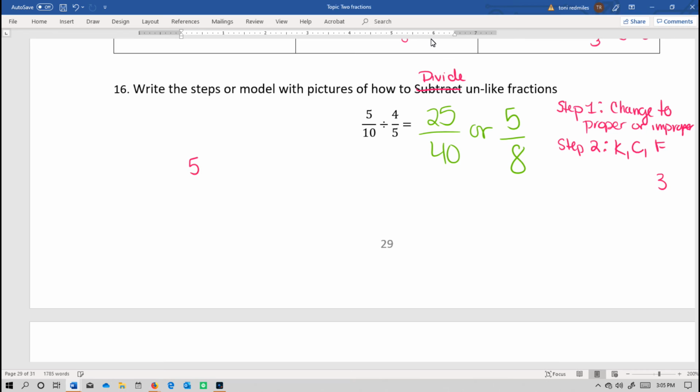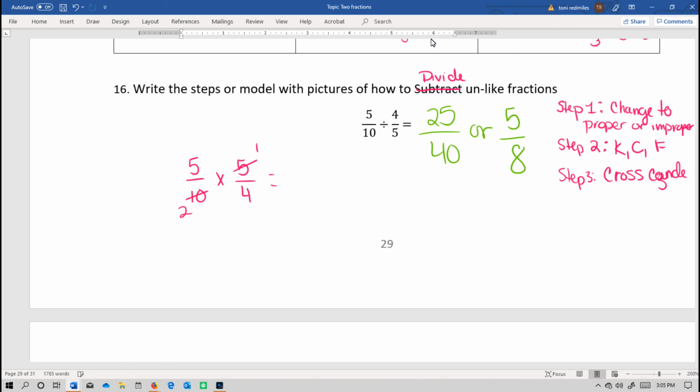Okay, so I keep the first one, change to multiplication, flip. If you like to cross cancel, this is where you want to do it. You want to say 5 can go into 10 2 times and into 5 once. And so your step 3 will be cross cancel. If you do that at the end, then you just have to have a step to reduce at the end.